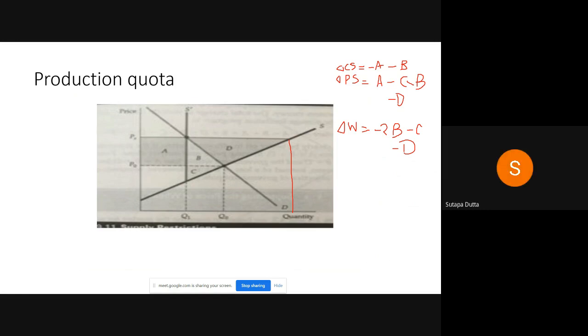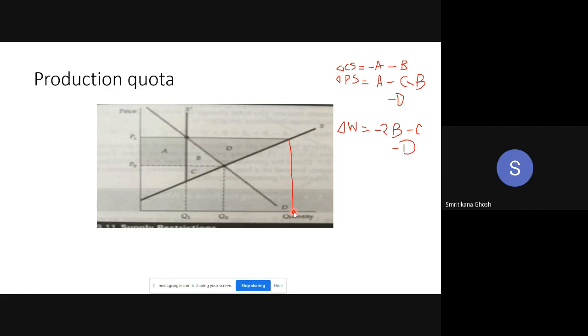Ma'am, can you please repeat in the producer surplus part why we subtract B and D? Yes. Because if there is no such quantitative restriction at the price P1, the producer can sell according to its supply curve, right? Then the producer can sell this quantity.